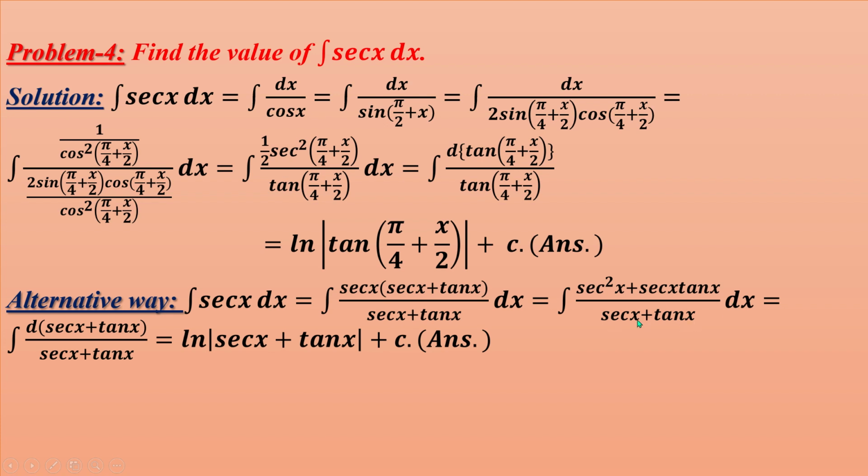Now differentiating this part gives this. So this equals ln of sec x plus tan x, that means ln of the denominator. You can follow this line: the derivative of sec x equals sec x tan x, and the derivative of tan x equals sec square x. Okay.